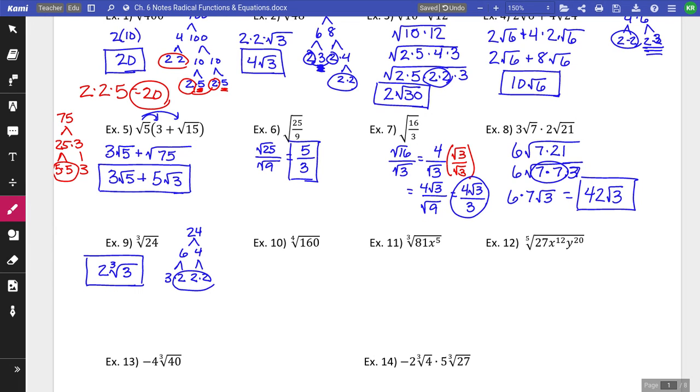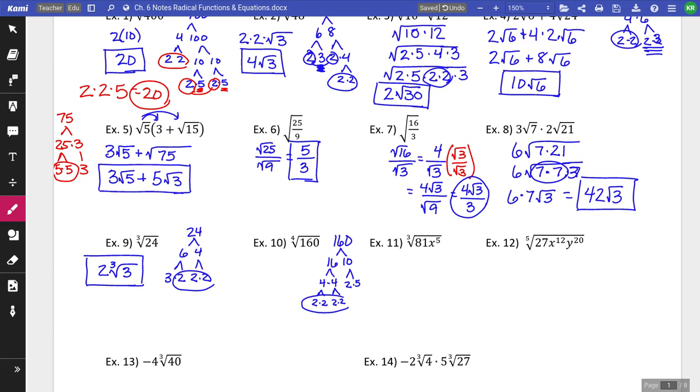Okay, so for number 10, same kind of thing. It's a cube. Nope, not this one. This one's a fourth root. So we have to have 4 things that match to be able to make a group. So do a factor tree. Okay, this 4 is a 2 and a 2. This 4, 2 and 2.